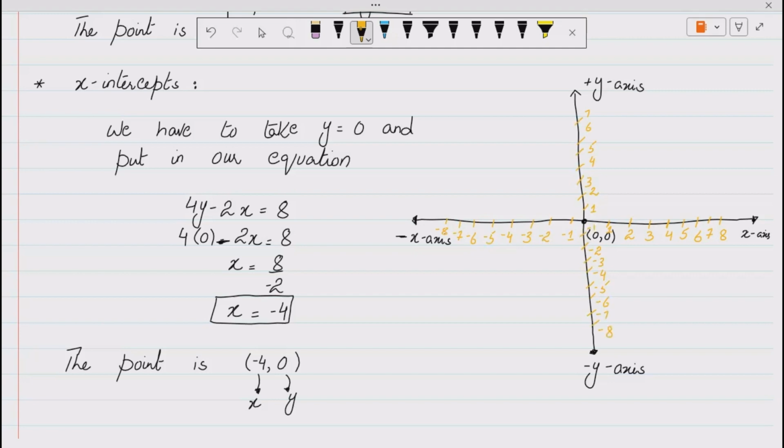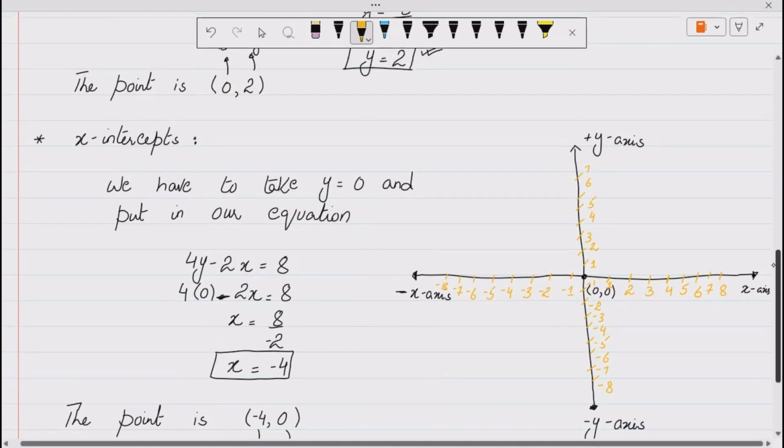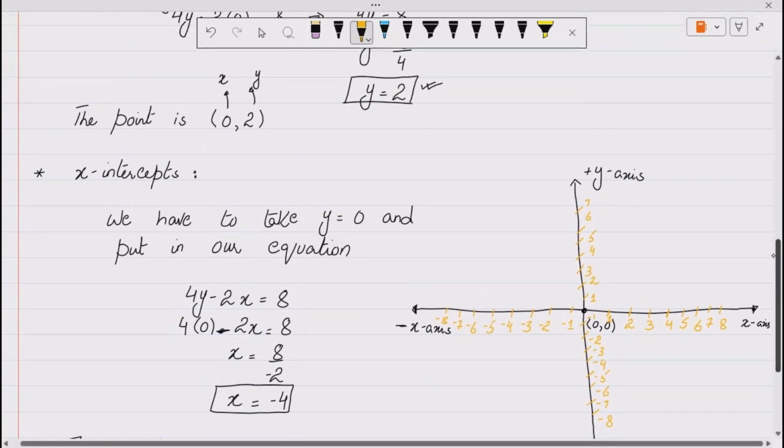You can see now we have the labeling on the x-axis and the y-axis. Next, what we have to do is find the points and locate them in our graph.